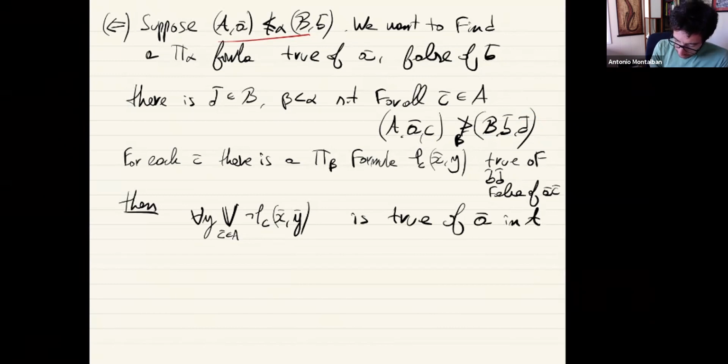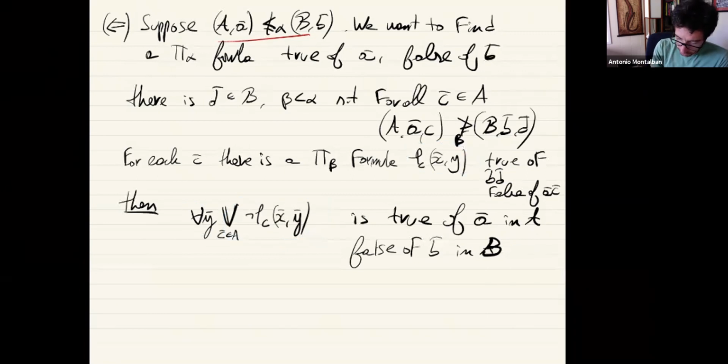Because for every y in A, every y that you take is going to be some tuple C, so it's going to satisfy the negation of this one for that C. But it's false of B. That's because these formulas are true about D. So if you choose as your y the D in B, then all of these are true and the negations false.